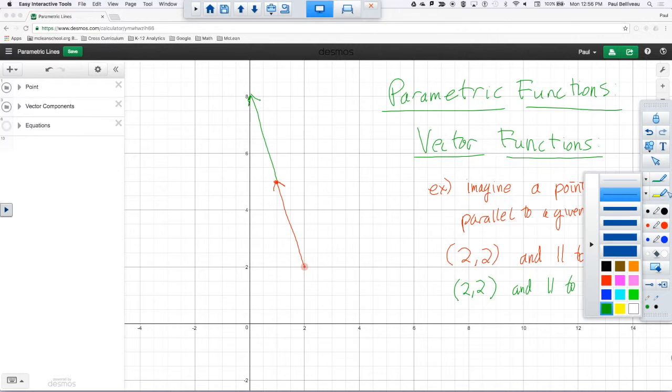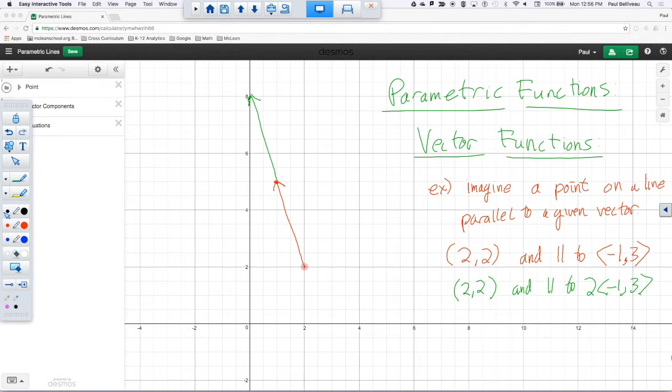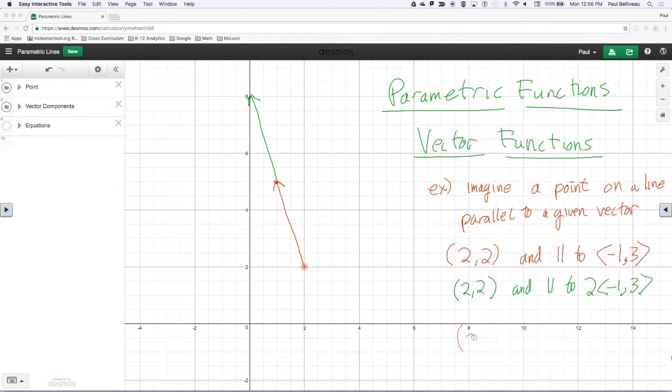What if I had said start at (2, 2) and go parallel to -1 times the vector [-1, 3]? What would that tell me to do?